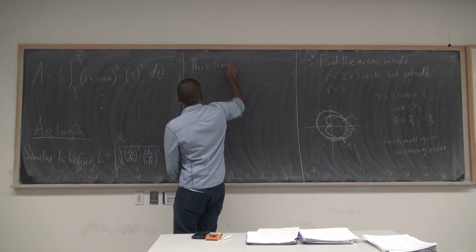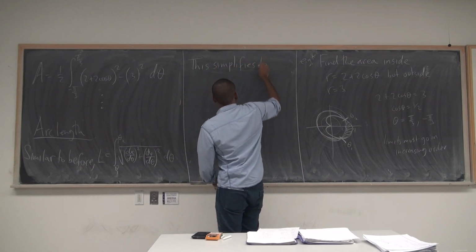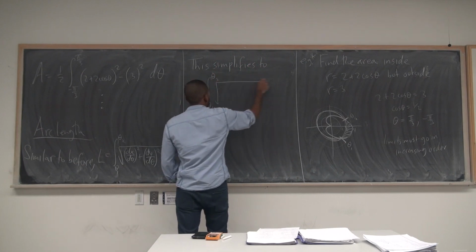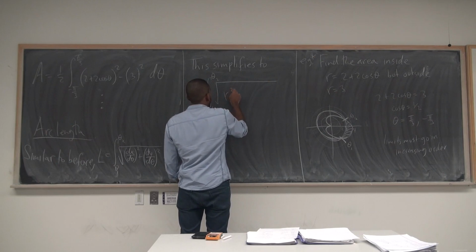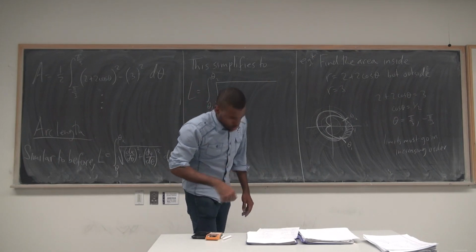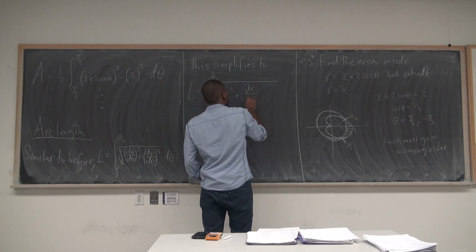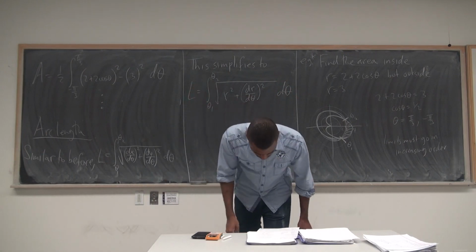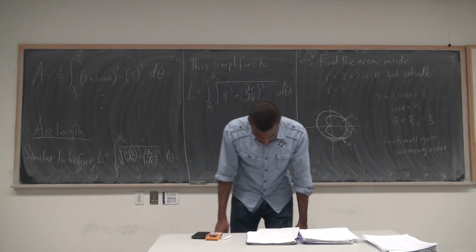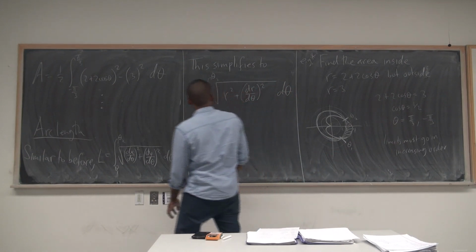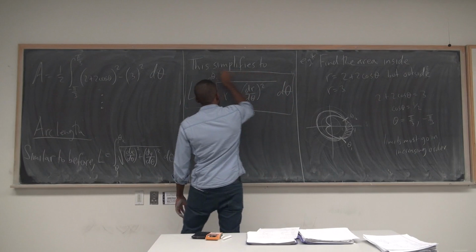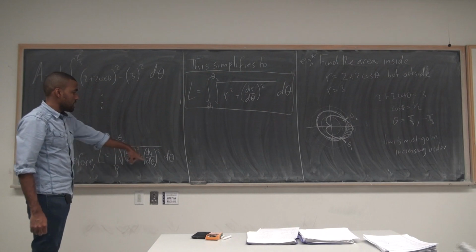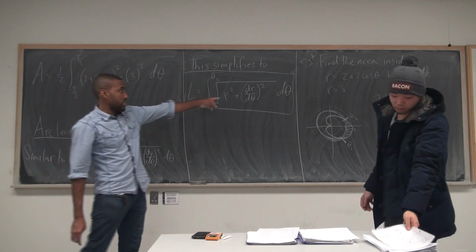This simplifies to, I think, r squared plus dr d theta squared. So if you don't have things in x and y, you just use that. If you don't know the x and y, we can change the dx d theta and the dy d theta into the equations we had before, and it will basically simplify into this.